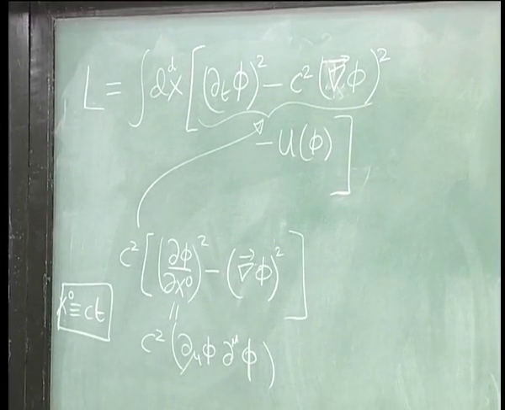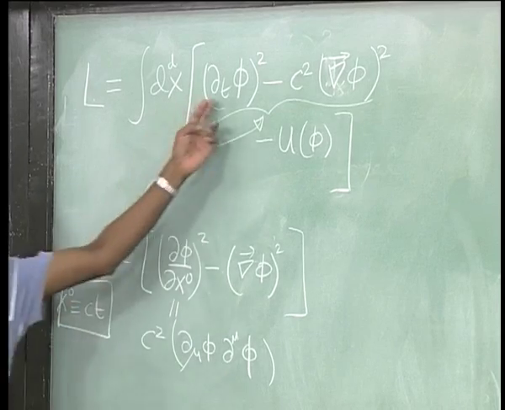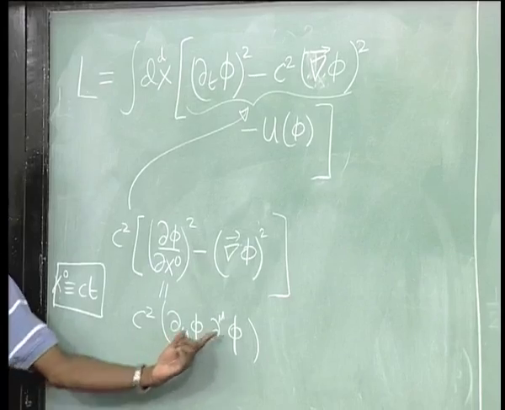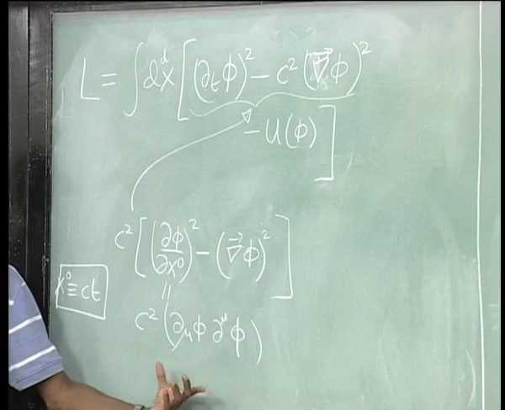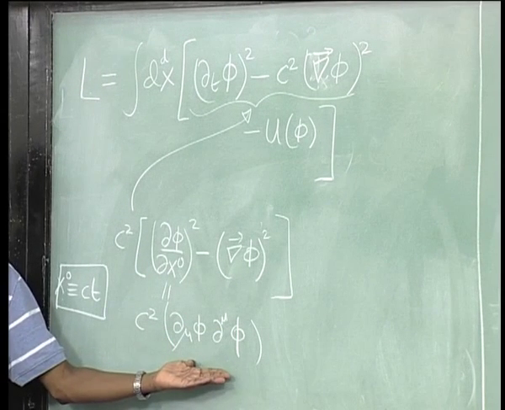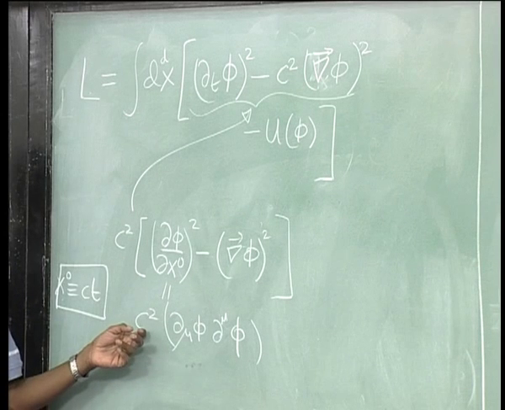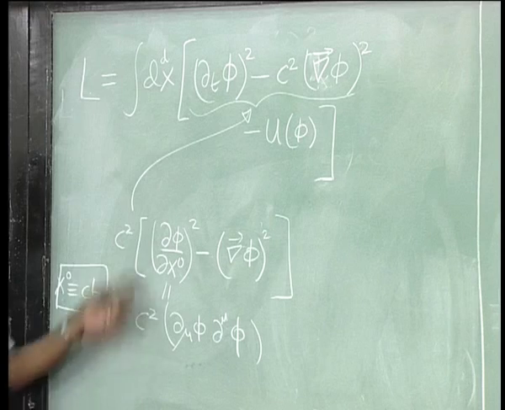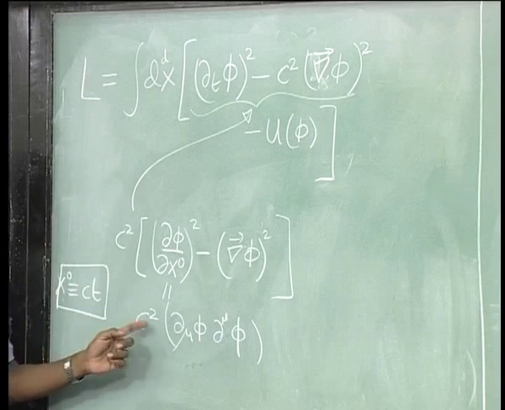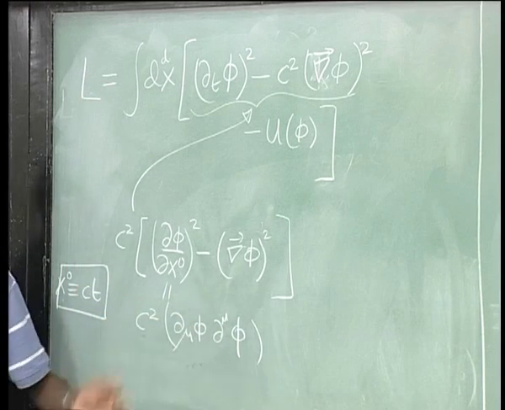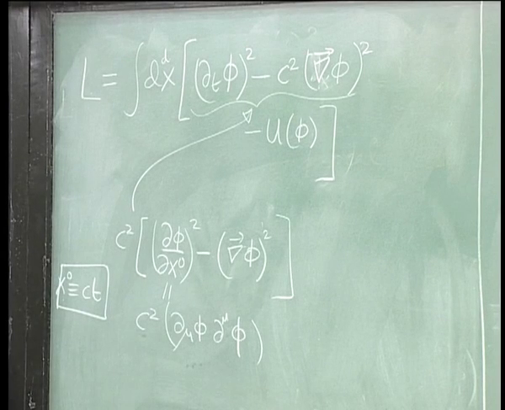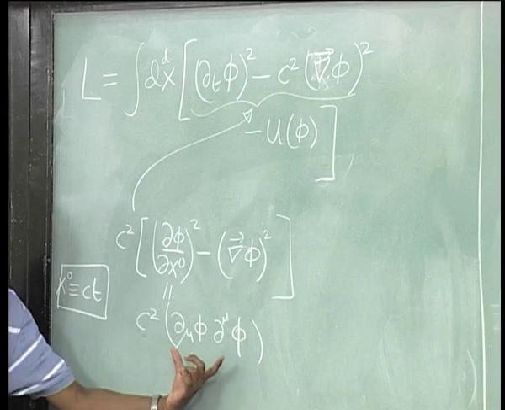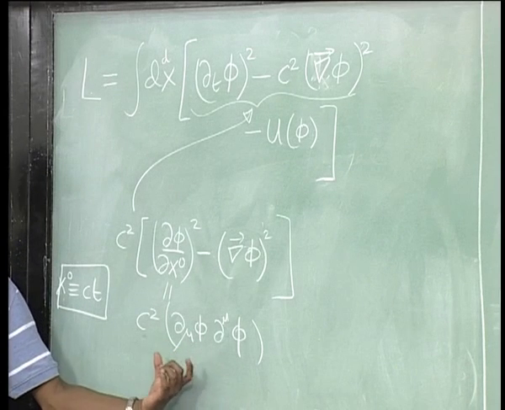So, in relativistic field theories you can see that since these two terms mix, they can be written as this. So, you can see there are explicit contractions; this is manifestly a Lorentz scalar. Do not worry about this factor of c; if you wish, you can absorb one c into the dt definition and the other c into the phi, so that the c goes away. You can absorb all the other constants. So, that is not so important. What is important is that this is manifestly a Lorentz scalar.